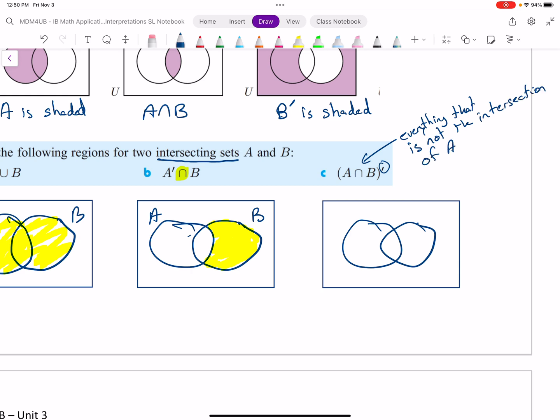So A, B, and we know the intersection. I'll do it in red. This is the intersection. So everything that is not the intersection, we're going to shade in. So that means everything except for that red part. So again, this is A intersect B.